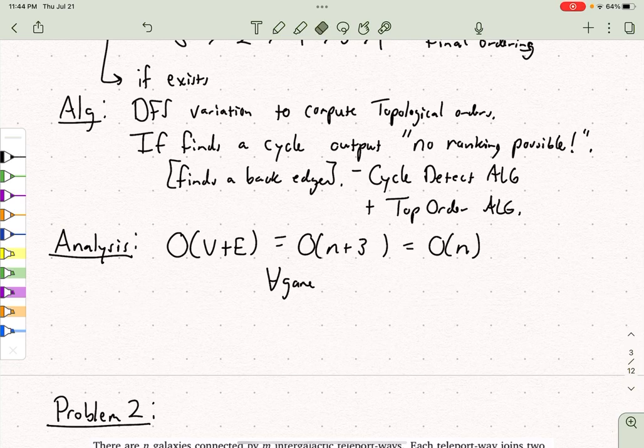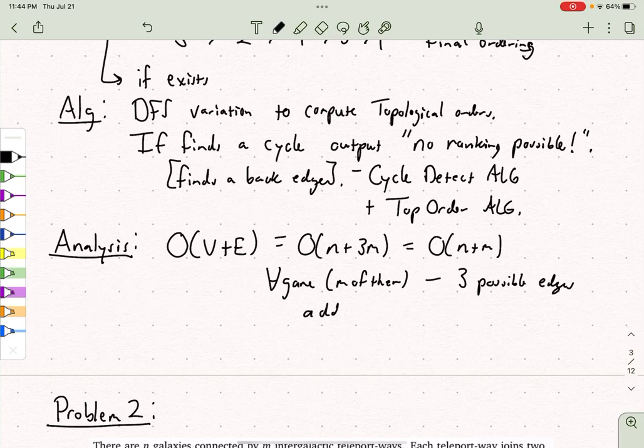Oh, sorry, this is M, not N. So this is N plus M. So for each game, and there's M of them, there are 3 possible edges added to the graph.